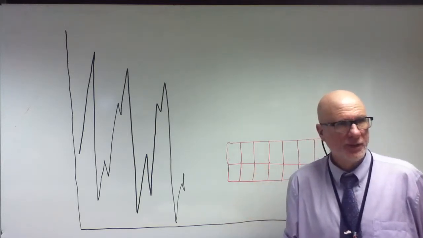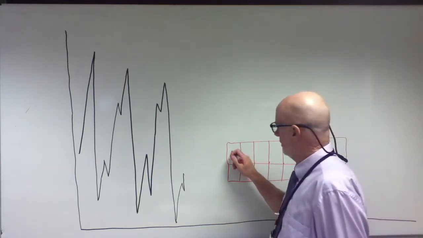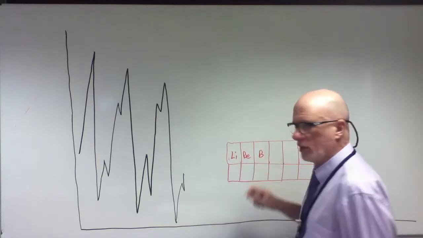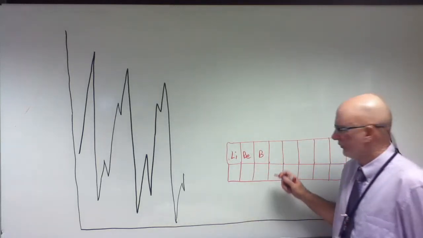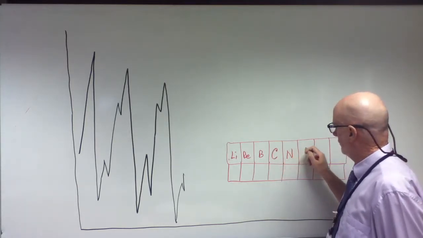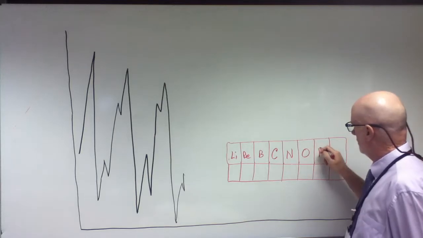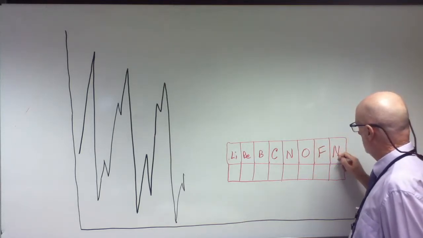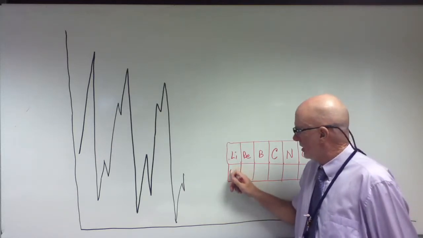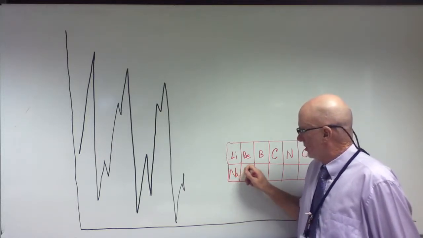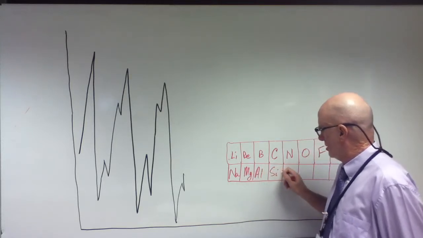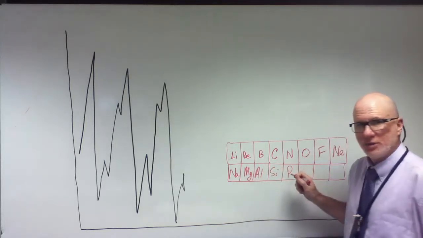Follow along with me: lithium, beryllium, boron. What's after boron? Carbon. Good. Carbon, nitrogen, oxygen, fluorine, and neon. And the third period, you should be getting used to this. So what's after phosphorus?